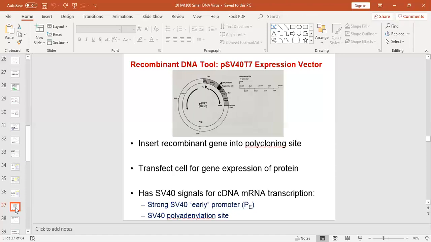Then we transfect the cell with this expression vector, and because of the strong promoters that it has, it will propagate and make more of that protein. So SV40 has a very strong early promoter and has polyadenylation sites. These are the two characteristics that make SV40 an ideal tool for recombinant DNA technology, being used as an expression vector. Moving to slide number 38.